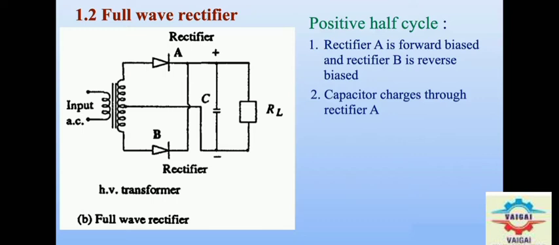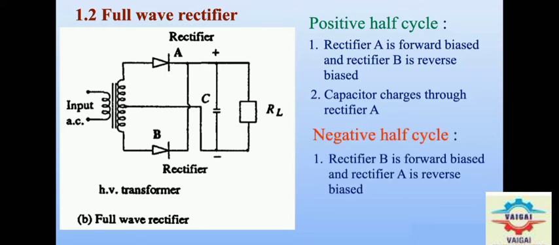And during the negative half cycle, diode B is forward biased and diode A is reverse biased. See the diagram. Now the terminal nearer to B becomes positive in the transformer, and the terminal near A, the anode of diode A, becomes negative.